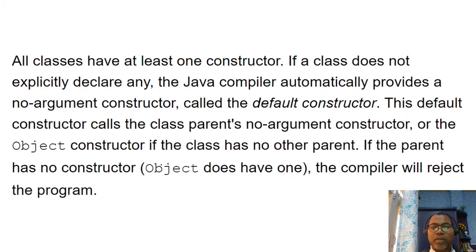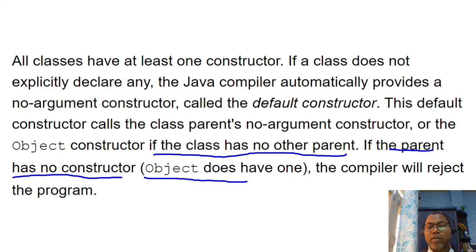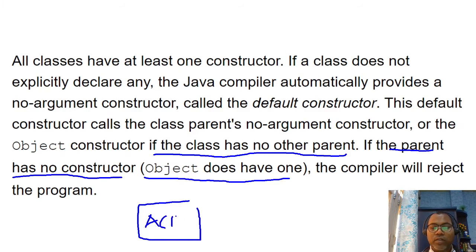Similarly, if your parent class has no constructor, then Object has one, so the compiler will supply it as well. Let's say you write a class A, and here you specifically specify a class A constructor with one argument.